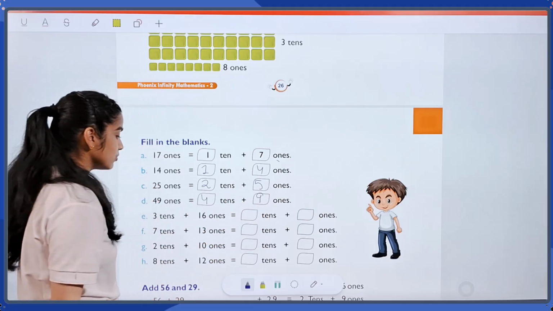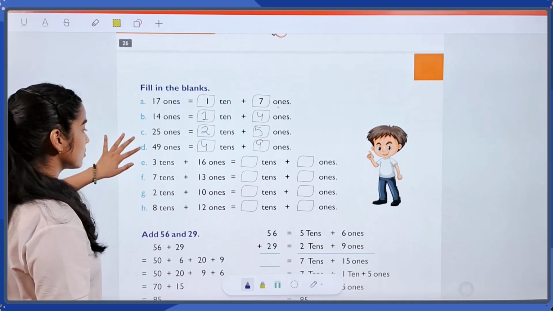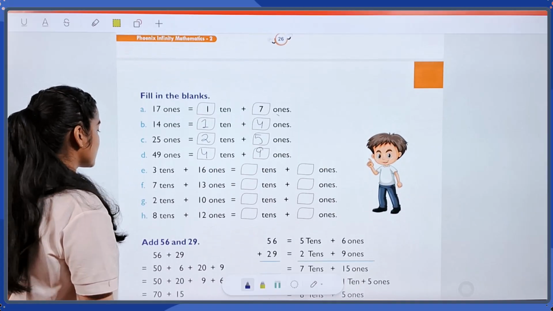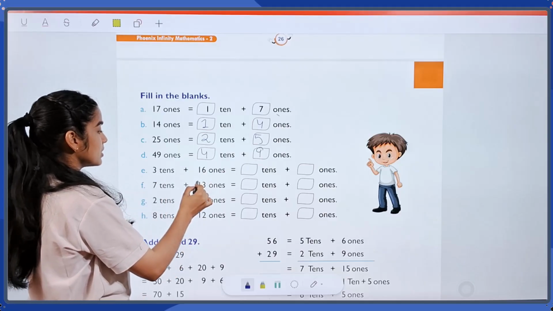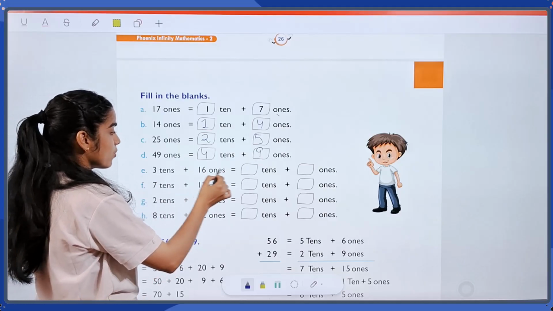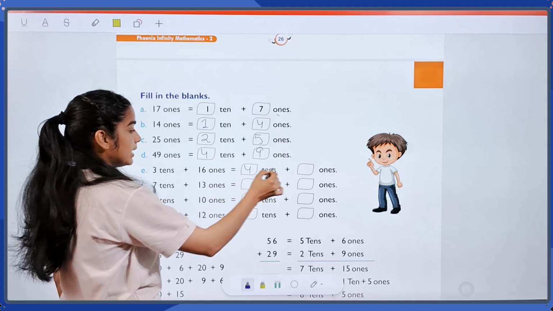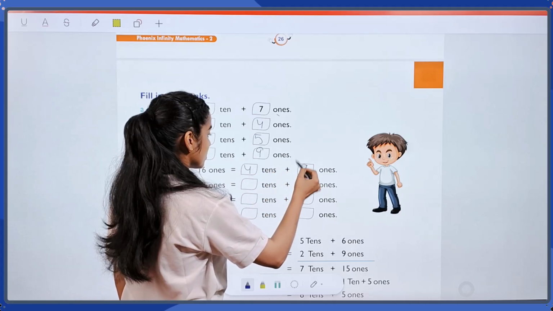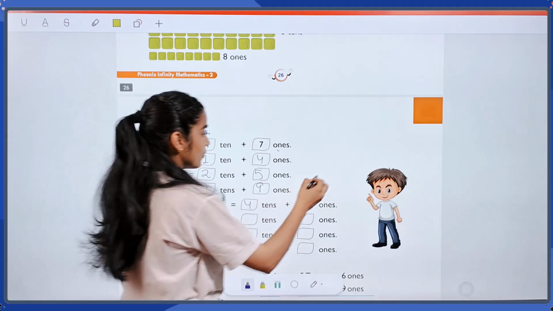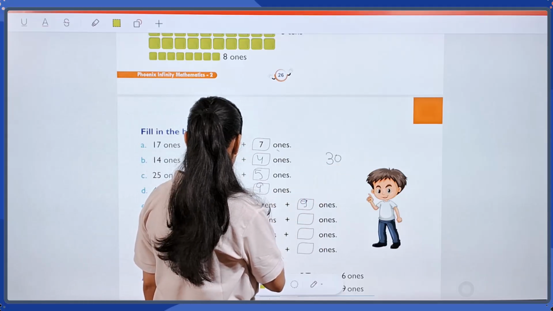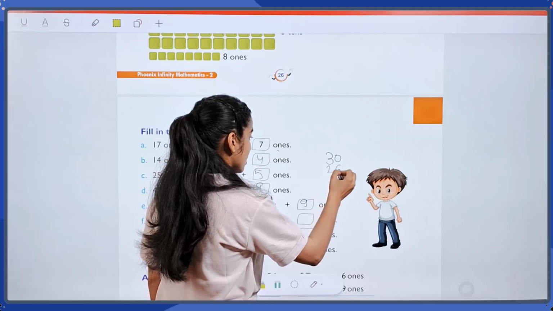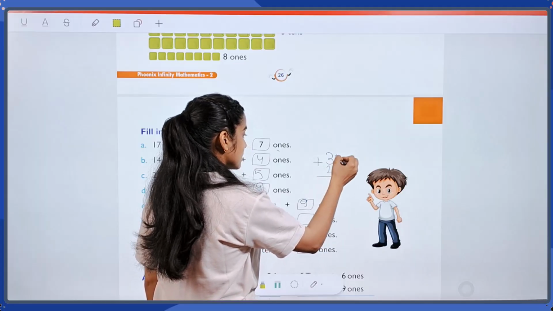So what you have to do is repeat this. Okay, let's take one more question. 3 tens and 16 ones. So 3 tens and 16 ones means now we have 4 tens and 6 ones. How do we get this answer? If you add 3 tens, which means 30, to 16 ones, first you have to add this.